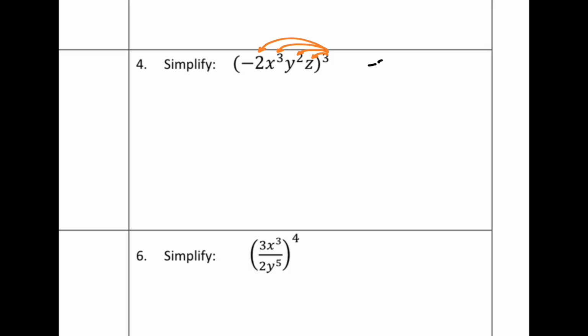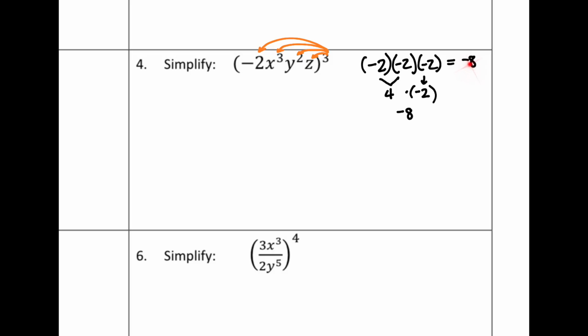An odd number of negatives, which we have here, is going to be a negative. These two make positive 4. This one has to come down. And positive times a negative is a negative. So an odd number, 1, 2, 3, gives you a negative.